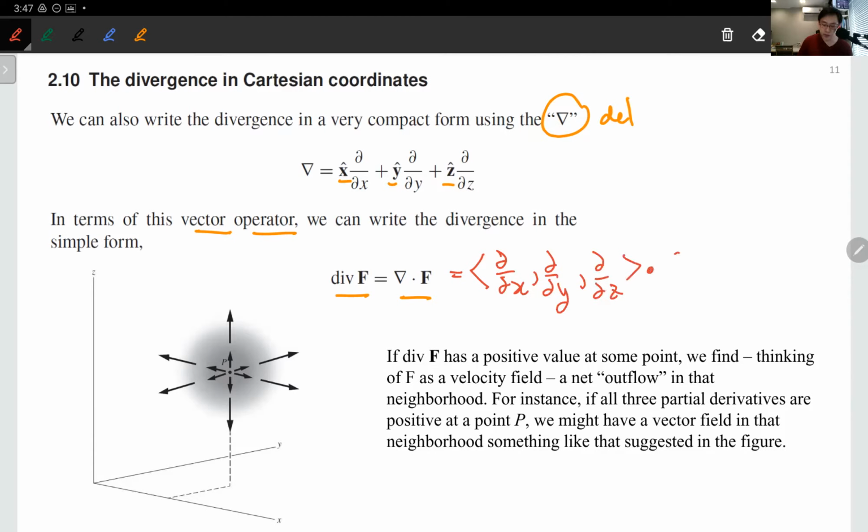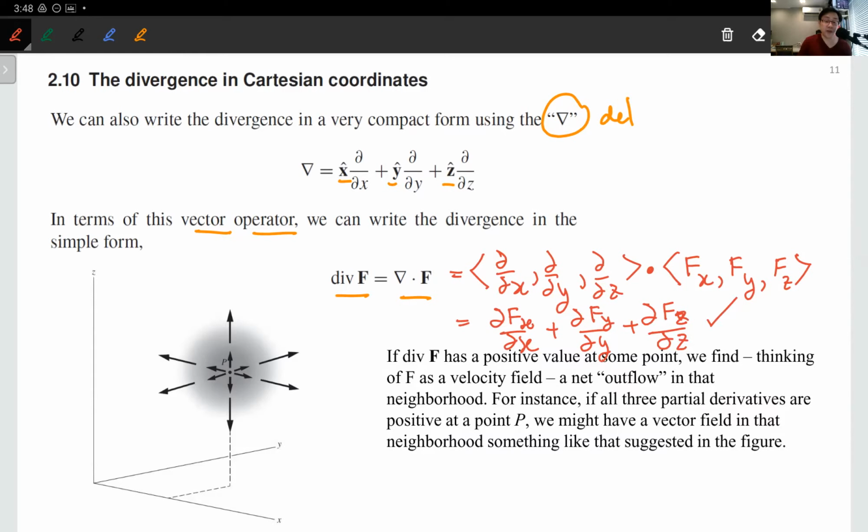You dot this with the vector field, x components, y components, and z components. And everyone remembered how to do the scalar product or the dot product. You just take the same components and multiply. So it's going to be df sub x by dx plus df sub y, the y component, by dy, plus df in the z component by dz. And voila, that is your divergence of f. But you write it in an abbreviated form. It's just del dot the vector field f.